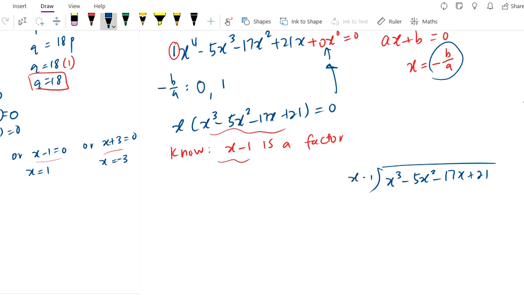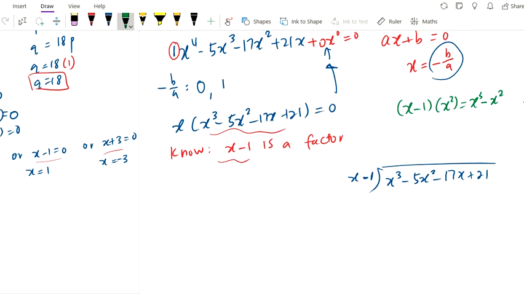So you ask yourself, how do you get x cubed with x minus 1? You need to multiply it with something else, right? So let's use the green color. If we multiply x minus 1 with x squared, then you get x cubed minus x squared. You don't care about the rest first, you focus on this one.